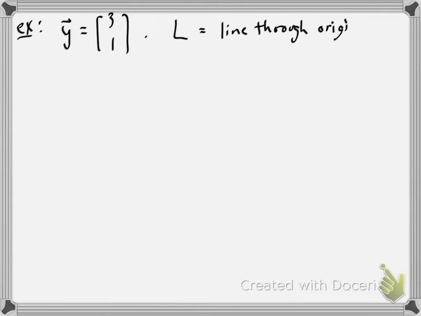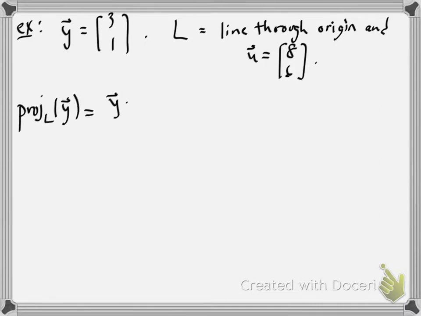All right, let's take a look at an example in detail. Suppose I have y, which is the vector (3, 1), and L is the line through the origin that goes through the vector u, which is (8, 6). Now the projection onto L of y, I can just use the formula.